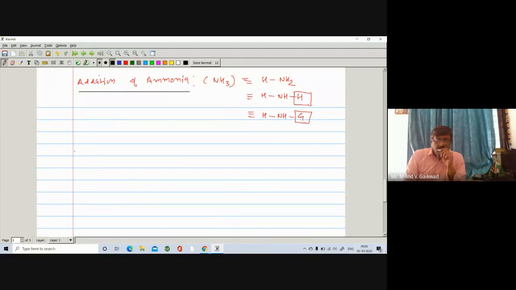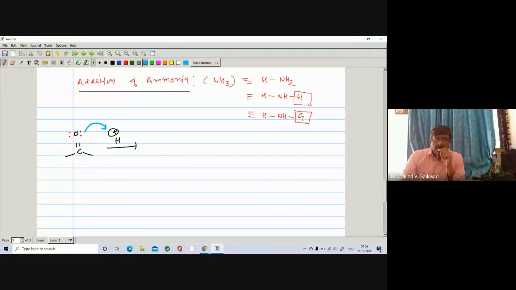Suppose you are having such type of carbonyl compound, C double bond O. In general, the reaction takes place in the presence of acid. So what happens? It undergoes protonation. Oxygen has two lone pairs. So it undergoes protonation, right?